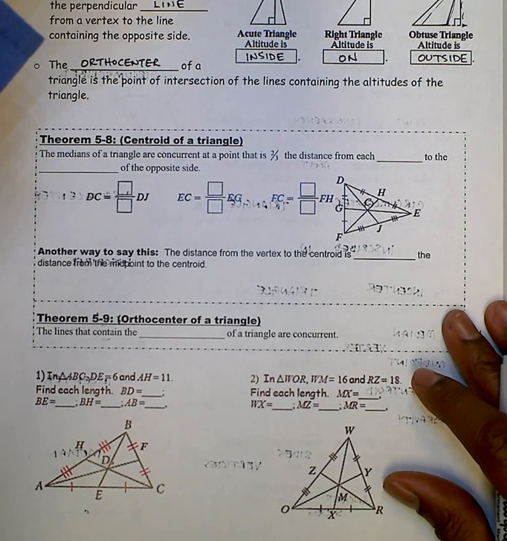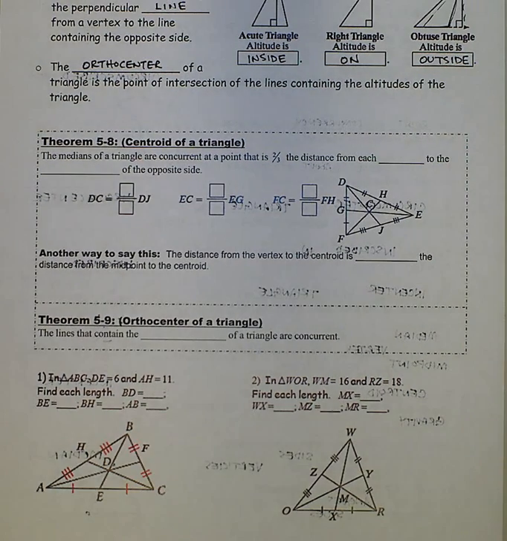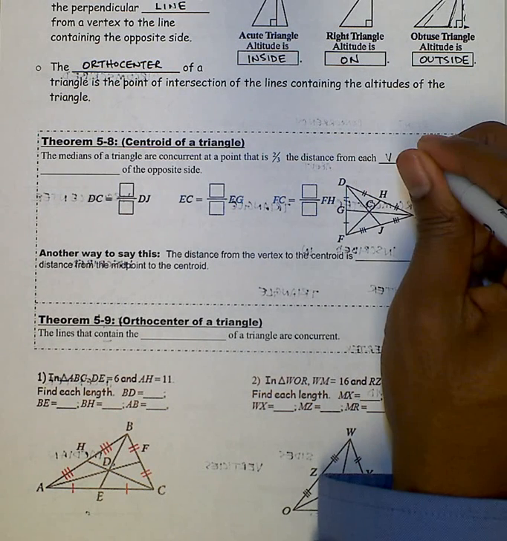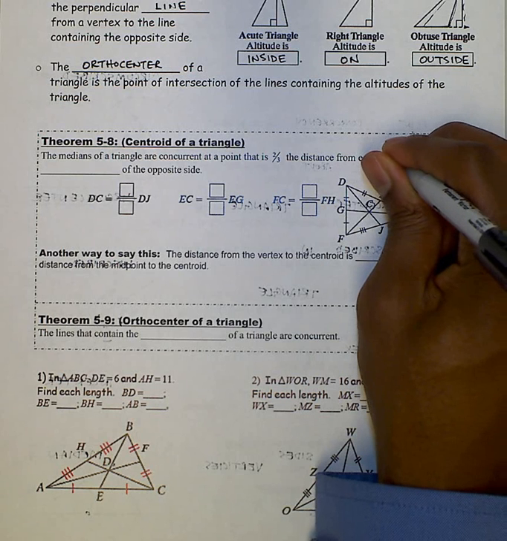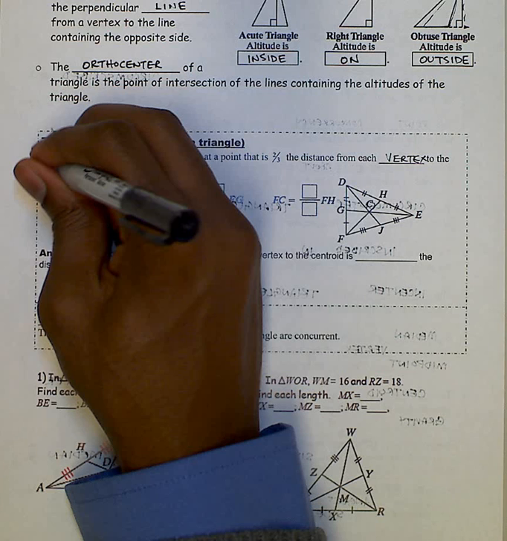Okay, a centroid: the medians of a triangle are concurrent at a point that is 2/3 the distance from each vertex to the midpoint of the opposite side.